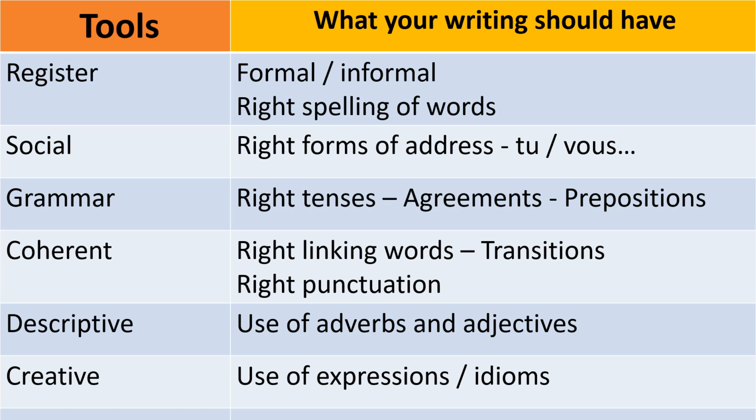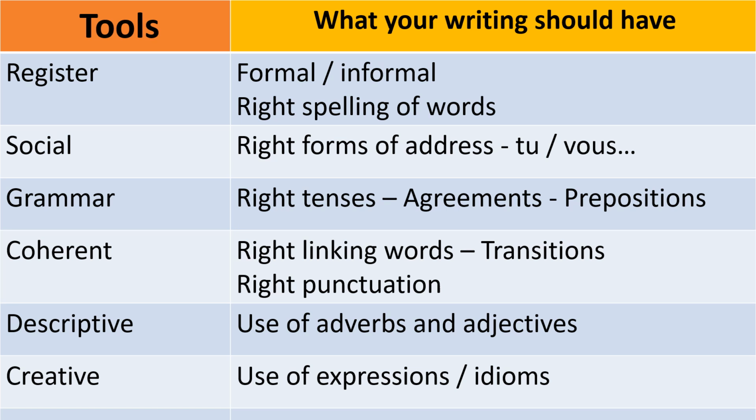Grammar, you need to remember what tense am I using, what agreements do I have to add, and what prepositions am I going to use. So think about all this. To be coherent, you have to use the right linking words so that you get good transitions, and also don't forget your punctuation.